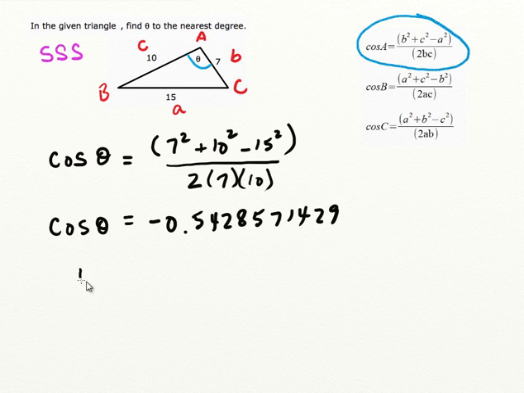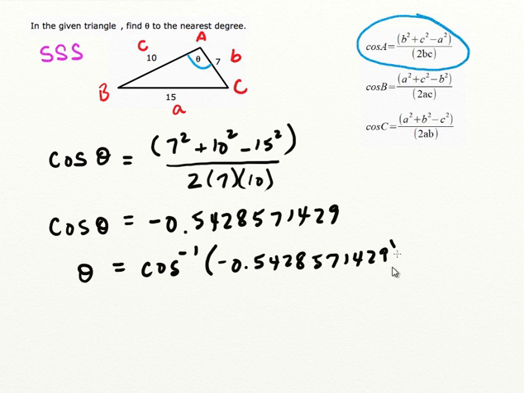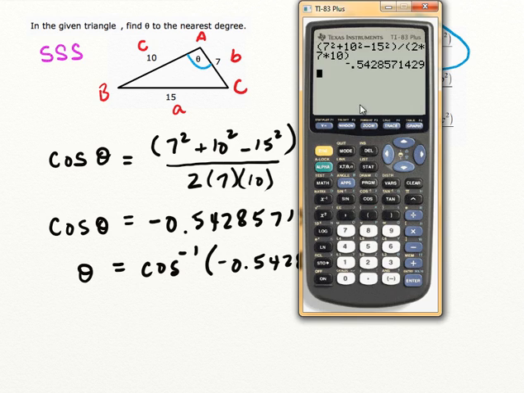And that means that theta will be equal to the inverse cosine of that measure, negative 0.5428571429. Now on our calculator, if we just leave that value on our display screen, we can very quickly just ask for the second function cosine, which gives us the inverse cosine, and then just ask for the answer that was previously on the screen.